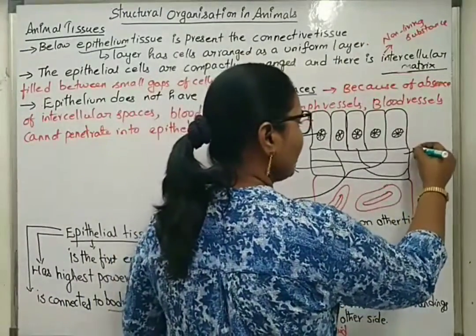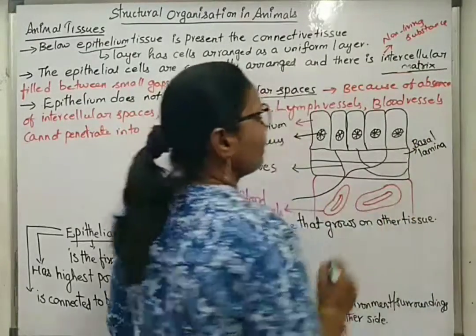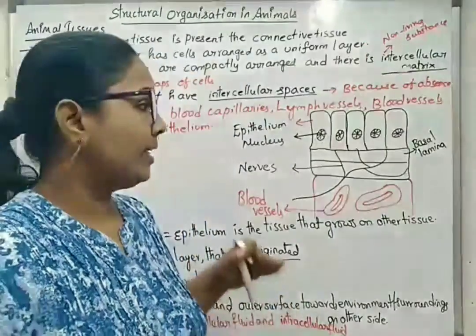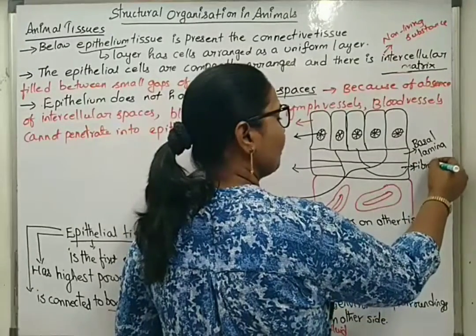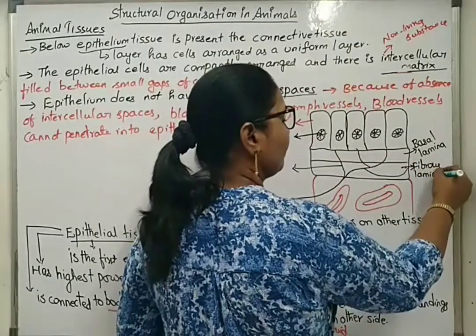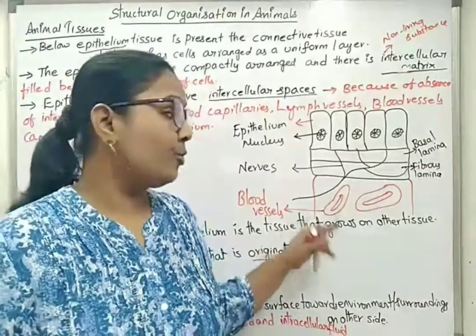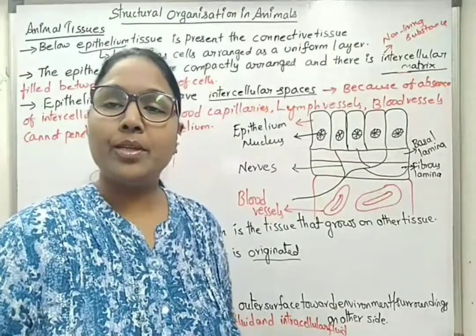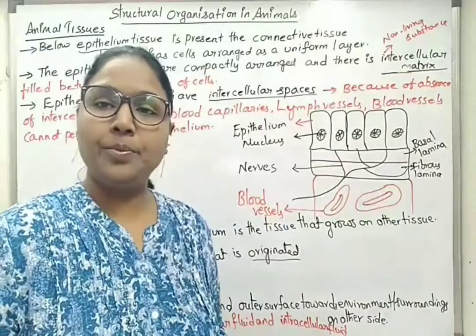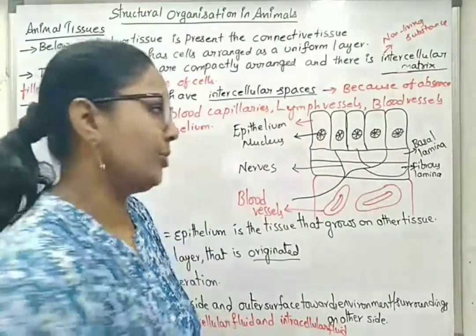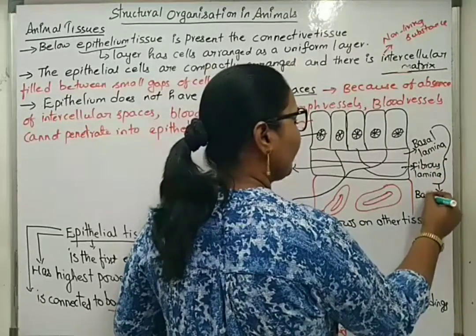This one is the basal lamina, which is made up of glycoproteins. It is towards the epithelium. This part is the fibrous lamina. It is made up of mucopolysaccharides, which is towards the connective tissue, and these mucopolysaccharides are in the form of hyaluronic acid. This mucopolysaccharide is secreted by connective tissues. So both of them combined are called the basement membrane.